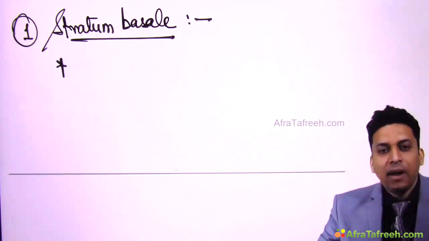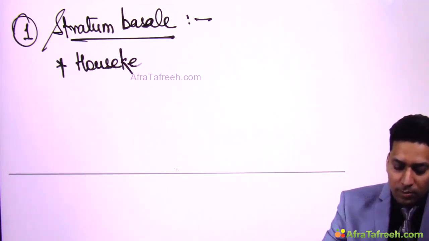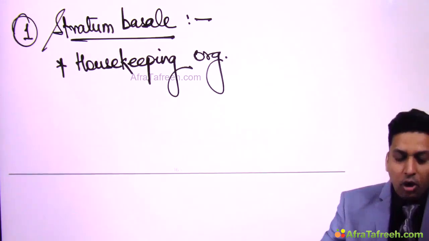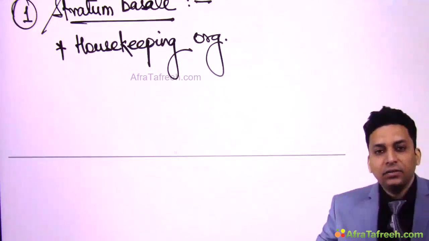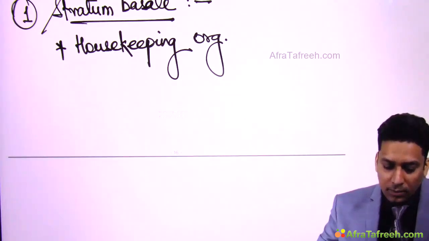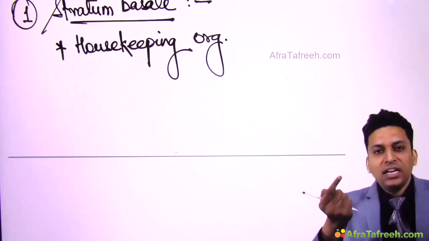So highly mitotically active keratinocytes with housekeeping organelles are seen. Okay. So they are highly mitotically active, and what do mitotically active cells do?